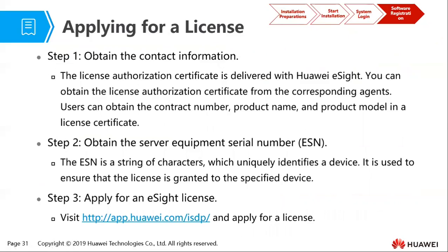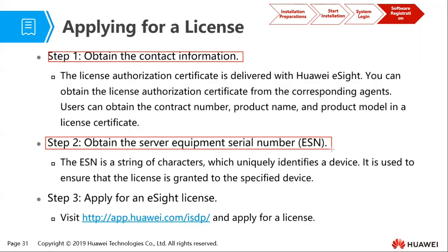So how do you apply for a license? You follow these 3 steps. You obtain the contact information. The contact information can be from Huawei or a Huawei partner.